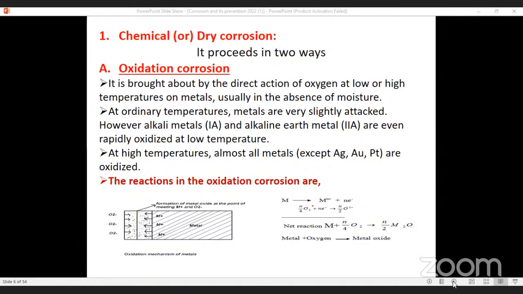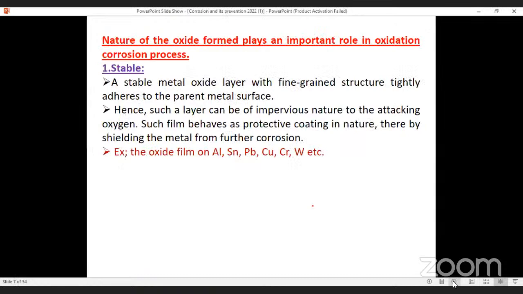Next, one of the parameters is a stable metal oxide. The nature of the oxide formed plays an important role in oxidation corrosion. Whenever a stable metal oxide forms, it means there is no further involvement in the corrosion process.